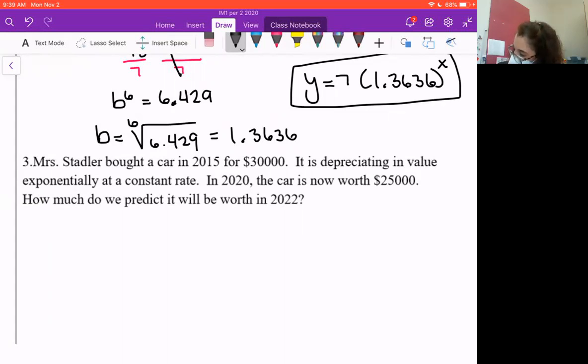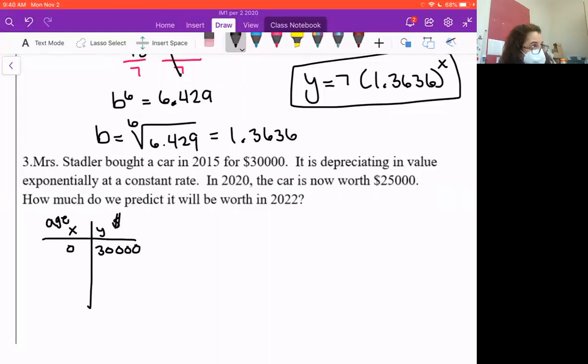Okay. Now, I am going to set up a table just for simplicity here. 2015, when I bought the car, it was new and it cost $30,000. So X is going to be the age of the car and Y is going to be the value.